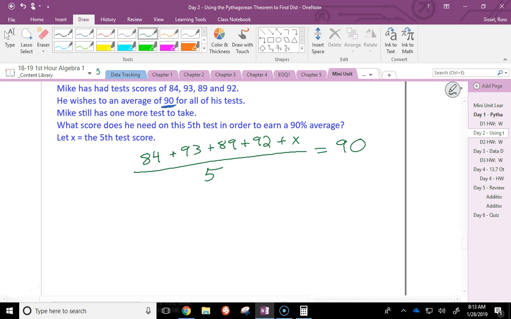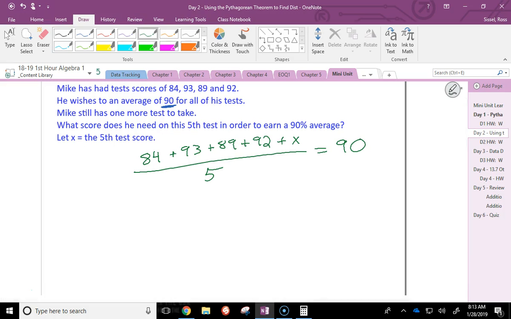This is the equation we want to use, because this is how we find the mean, the average. You're going to add all those scores. So the numerator is all of our scores being added together: 84, 93, 89, 92, and whatever his score is. And when you take those 5 scores and we divide them by 5 and we find the average, we want that average to be 90.